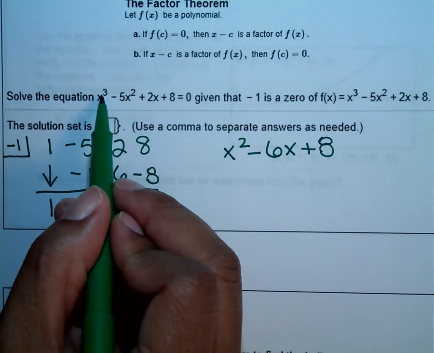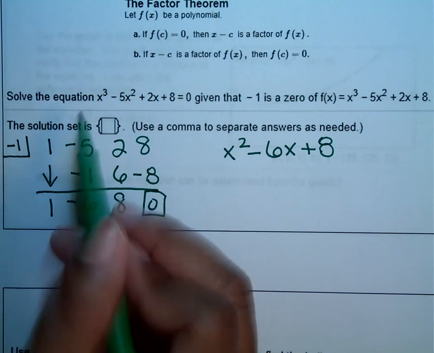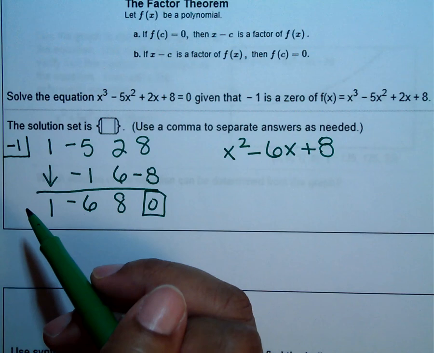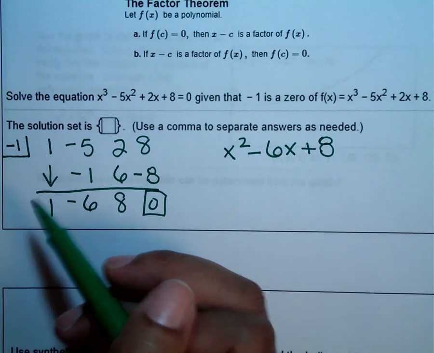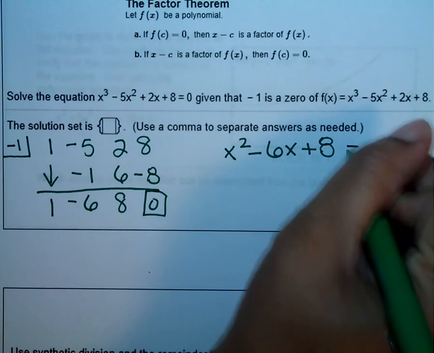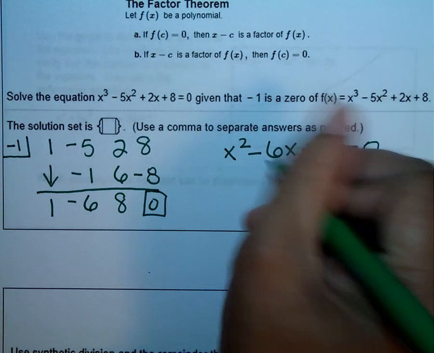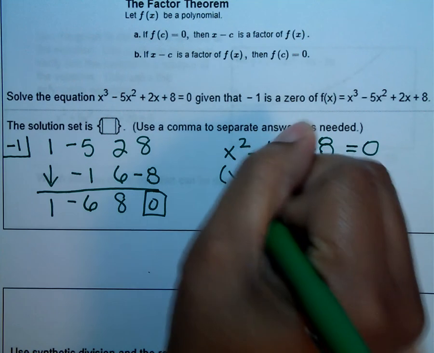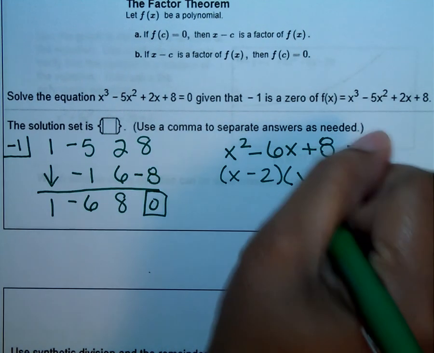If this is x cubed, that means I could possibly have 3 real zeros, 3 places where it could cross the x-axis. So they gave me one of them. I got to find my other ones, and looking at this one, I can factor it. So what can I multiply to get 8 and add to get -6? That'll be a -2 and a -4.